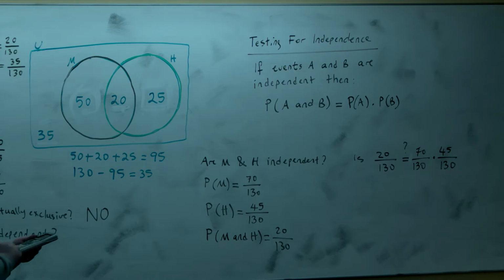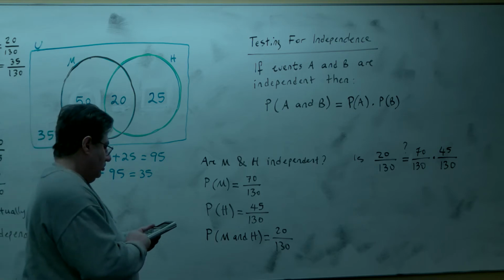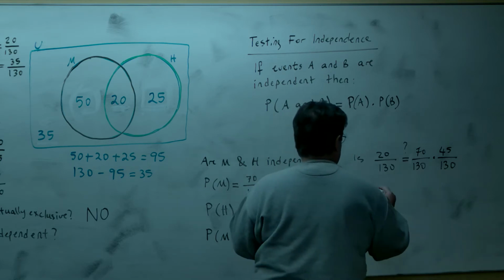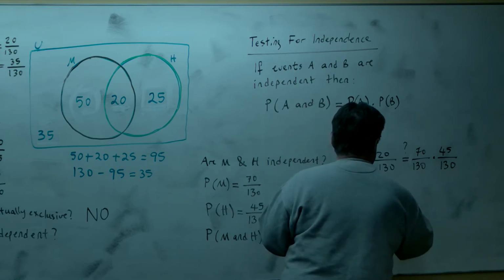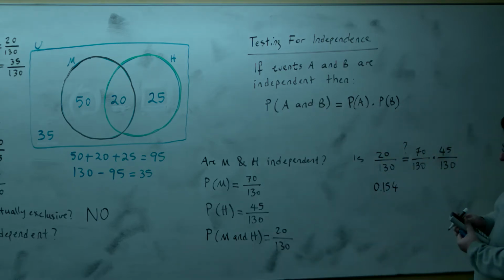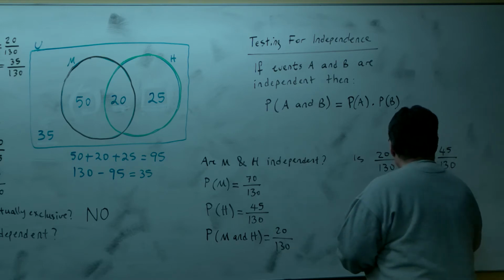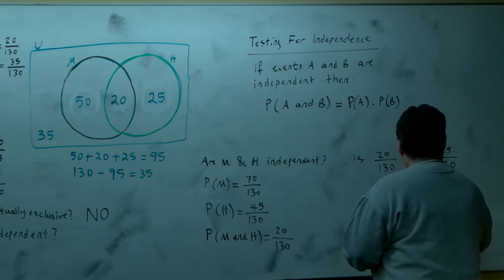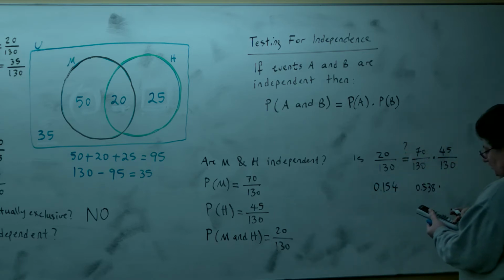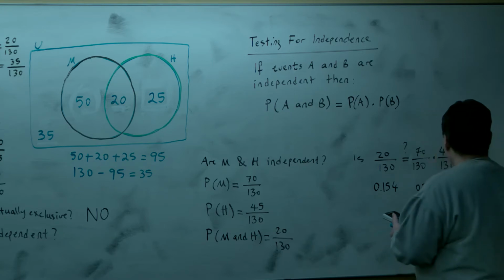So let's see. 20 over 130 is equal to 0.154. And on the other hand, 70 over 130 is 0.538, and 45 over 130 is 0.346.